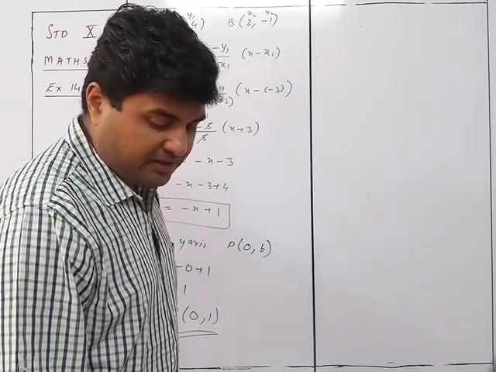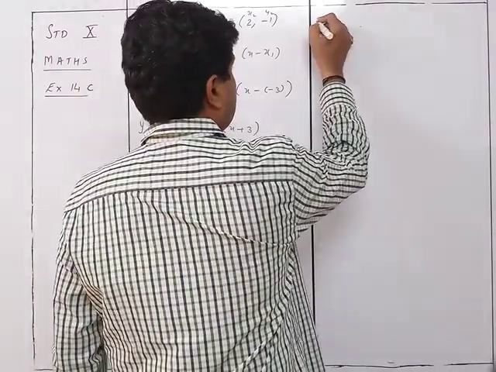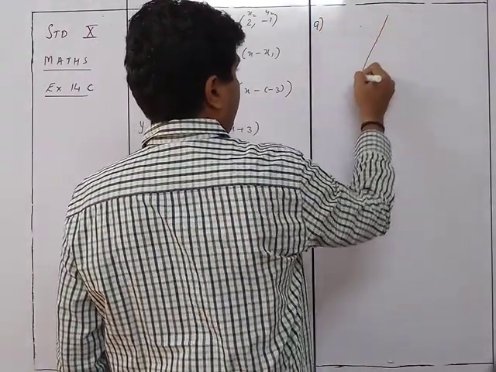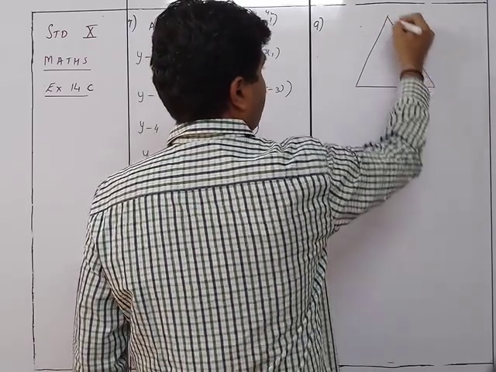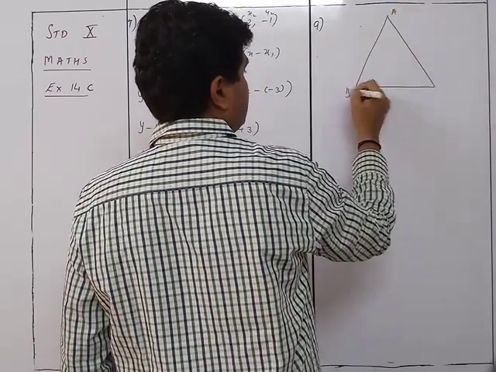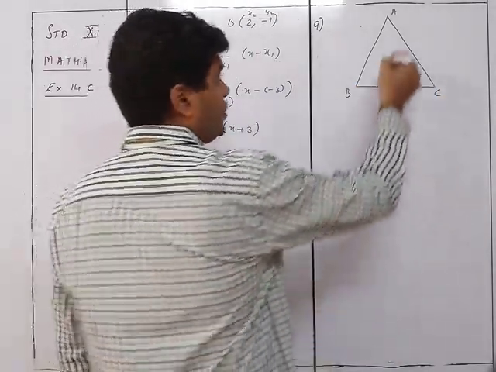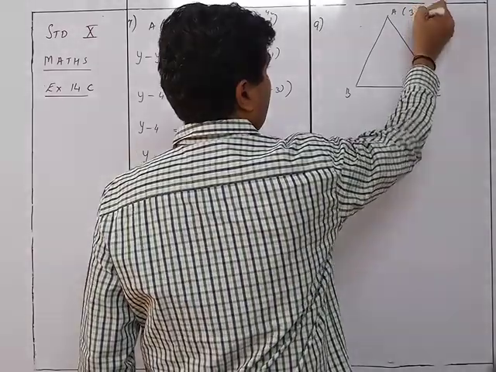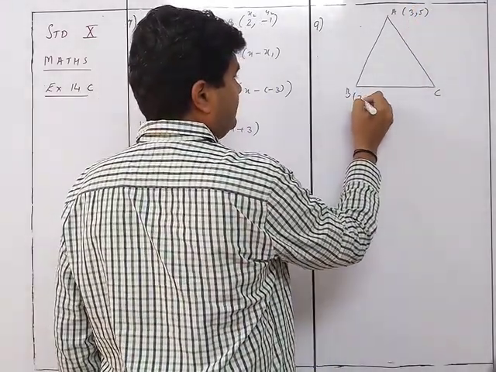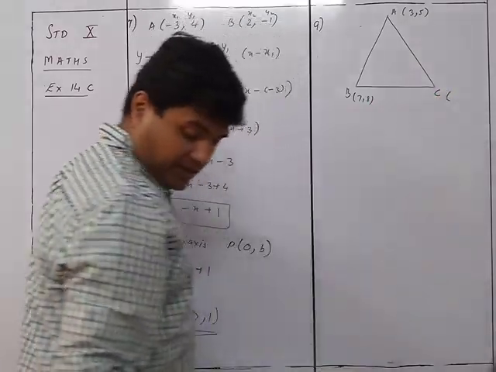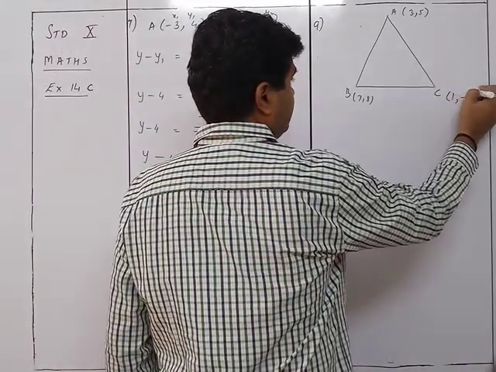It's a triangle ABC. Find the equation of the median through A. So we have this particular triangle over here, which is triangle ABC, where A is given as (3, 5), B is given as (7, 8), and C is given as (1, -10).